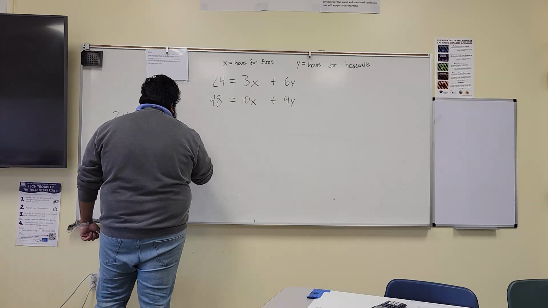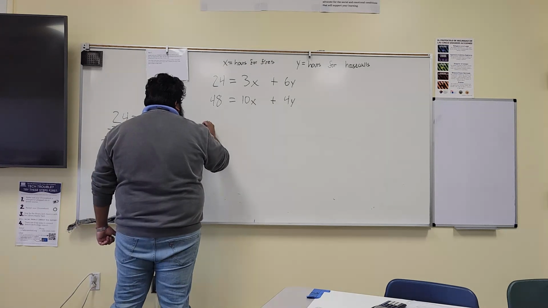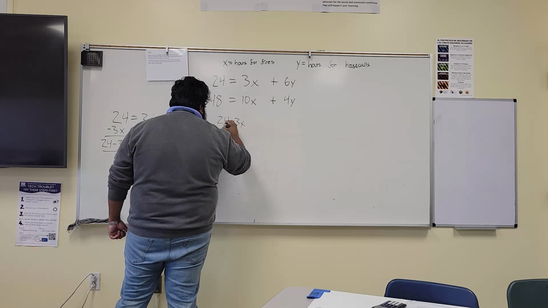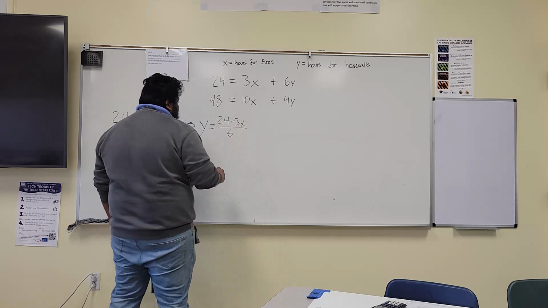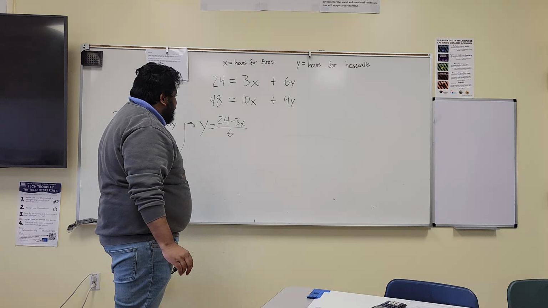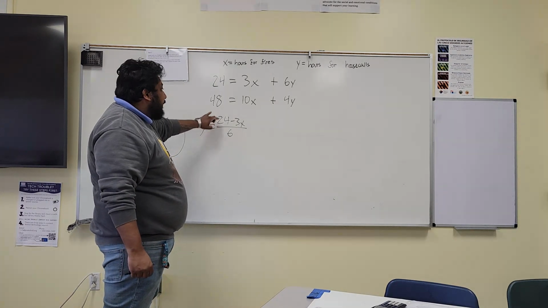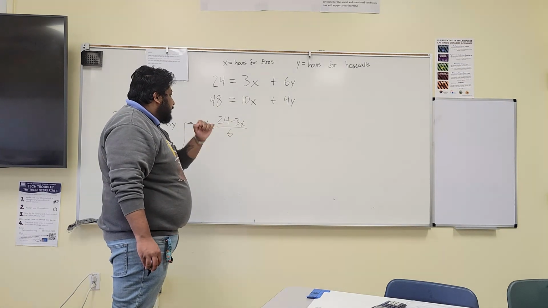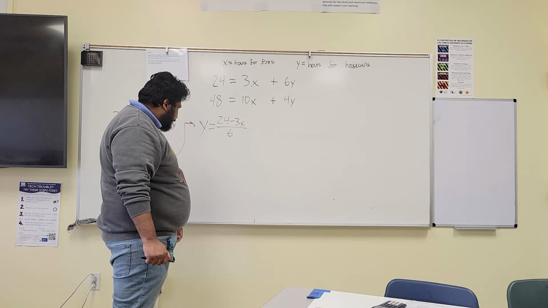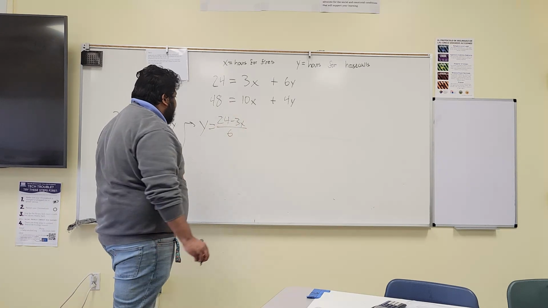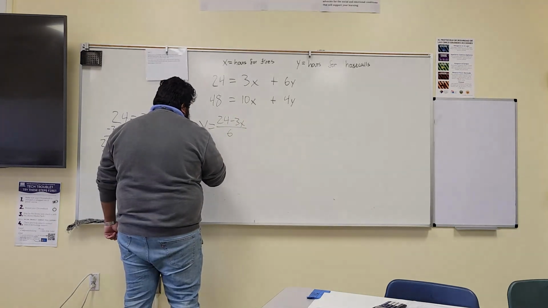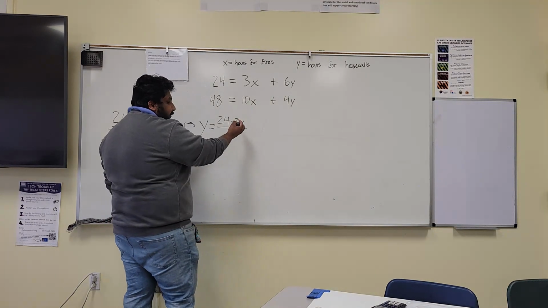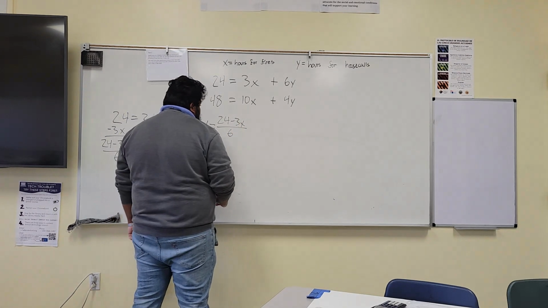I'm gonna bring this up over here. We get that y is equal to 24 minus 3x over 6. Now this fraction can actually be simplified one step further, because 24, 3, and 6, they all have a number we can take out from each of those. 24 is a multiple of 3, 3 is a multiple of 3, 6 is a multiple of 3.